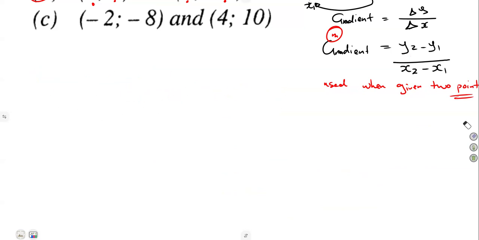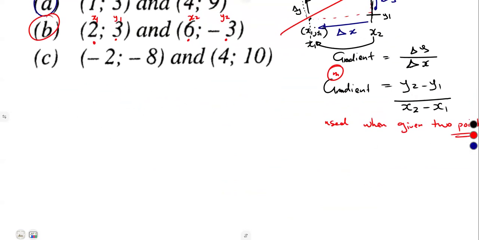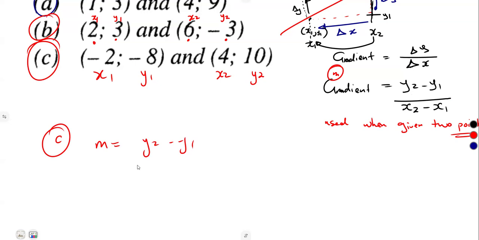And the last one here, let us use these points to determine our gradient. So this is our x1, y1, x2, y2. So C, our gradient is going to be y2 minus y1 over x2 minus x1. So y2, that's 10 here. All right, minus y1, it's negative 8.